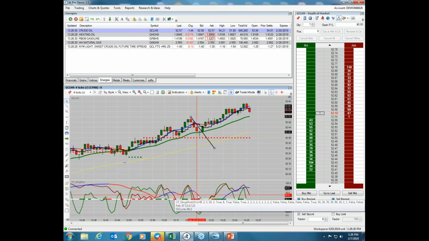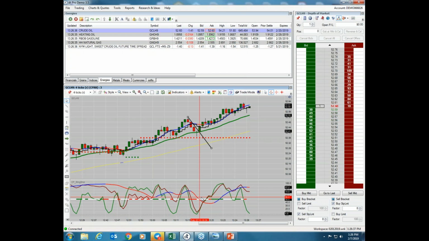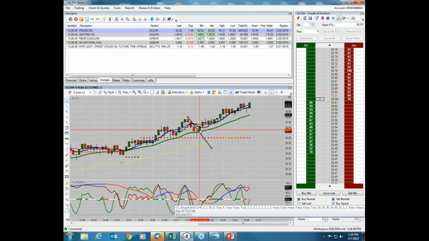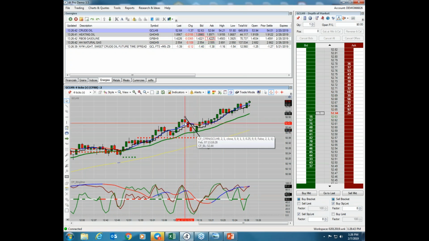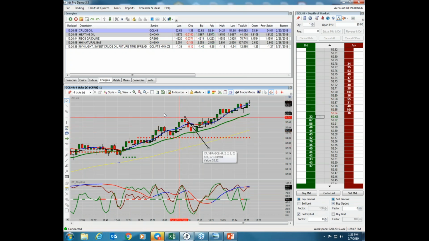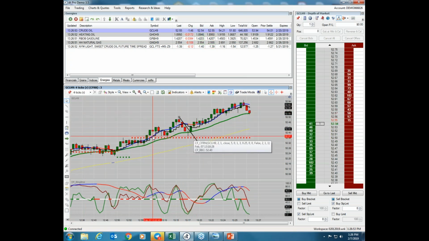If this cycle turns color on you, number one, it waters down the probability, but number two, now it has to close above the trend line before we take action. So if you're already drawing the trend line in advance, you're not fumbling around after the fact trying to draw a trend line. You're already in a position to take action.